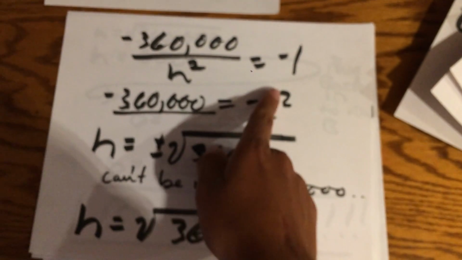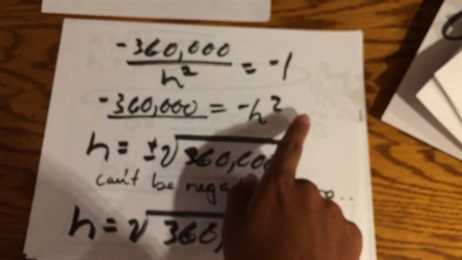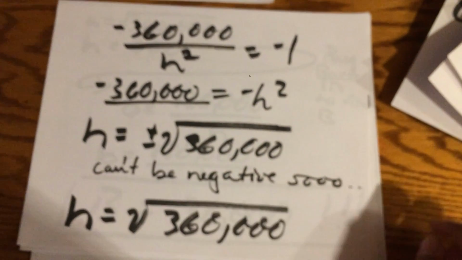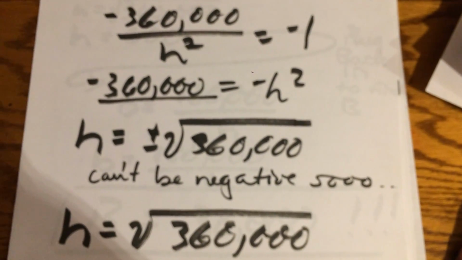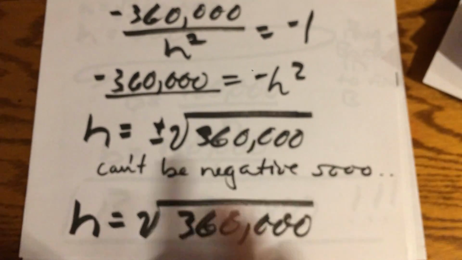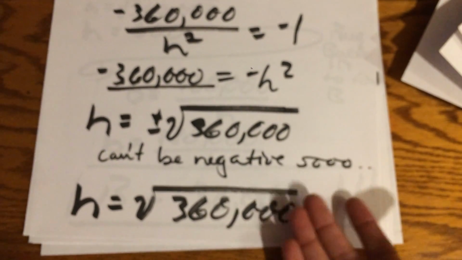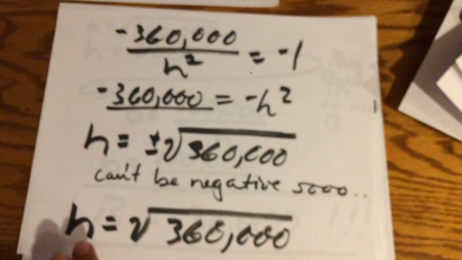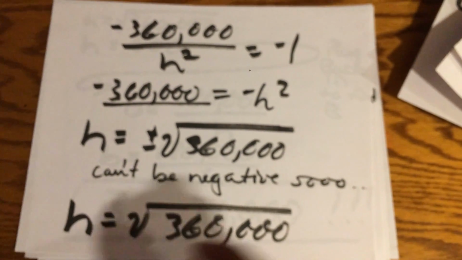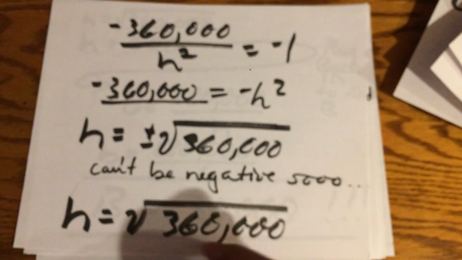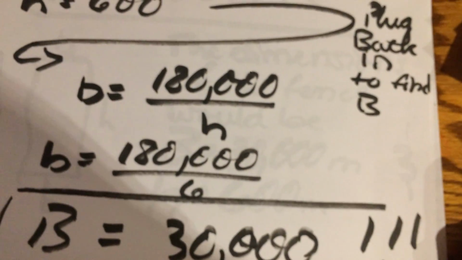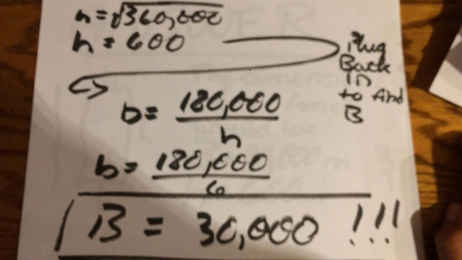Then simplified, and simplified again, and we come out with plus or minus the square root of 360,000, and we can't get a negative number because distance is always positive. So h equals the square root of 360,000, which is 600, so h is equal to 600.